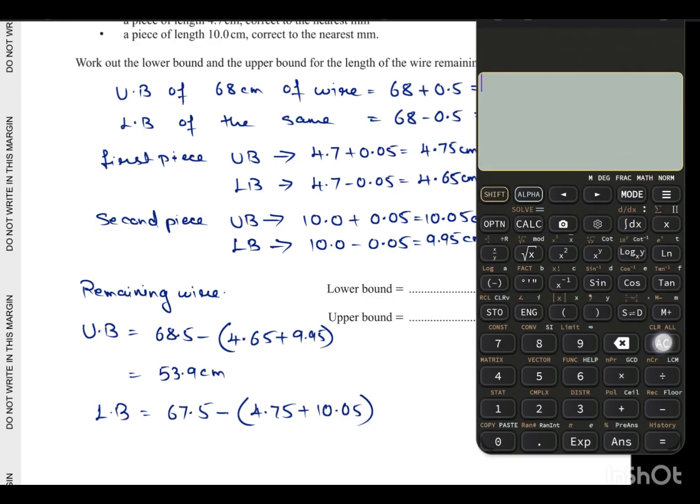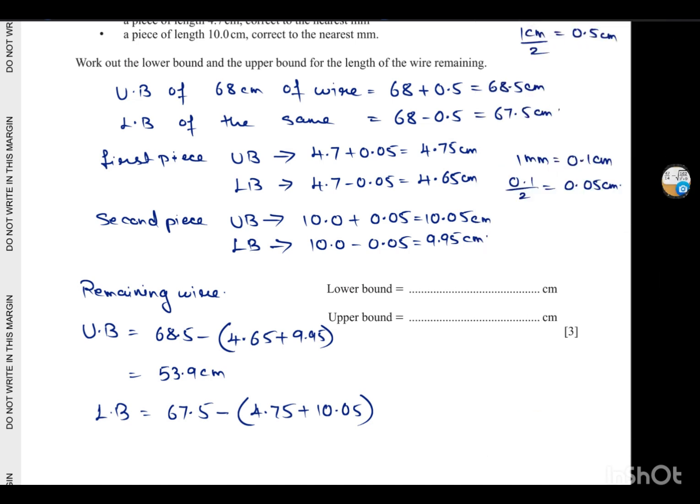Do this again. 67.5 minus the sum of 4.75 plus 10.05 is 52.7. Sorry, write the answer in the right place, children. This also will cost your marks here. So the lower bound is 52.7, upper bound is 53.9.